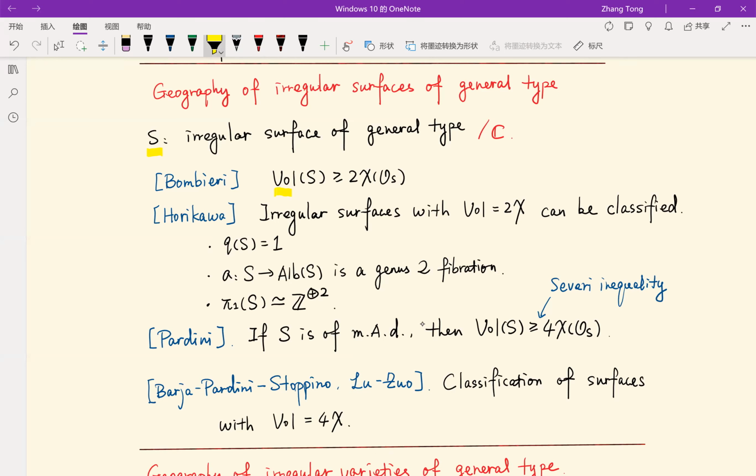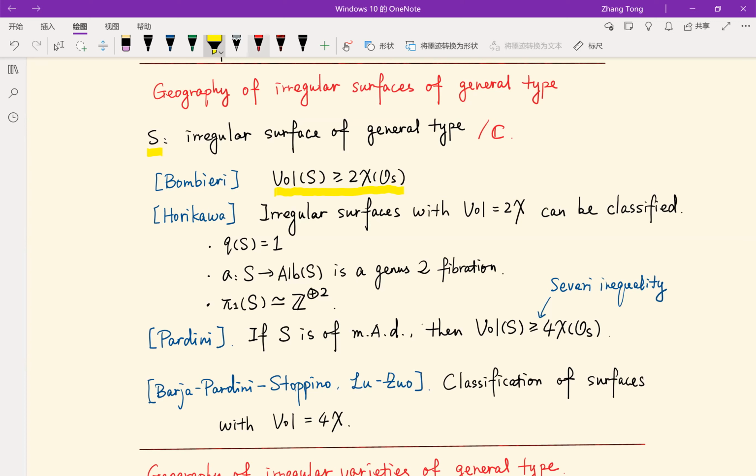It's very similar to the Noether inequality, but I think this inequality is better than the previous one. And I find this inequality in Bombieri's paper in, I think, 1973. But I don't know if people before that have known this inequality. Maybe some Italian mathematicians may have known this, but I'm not sure.